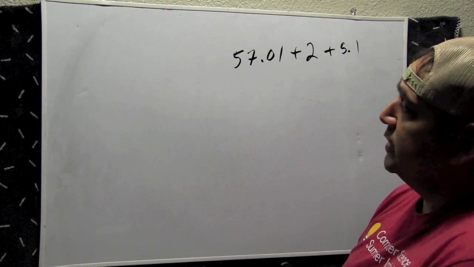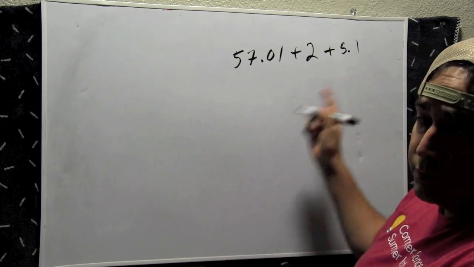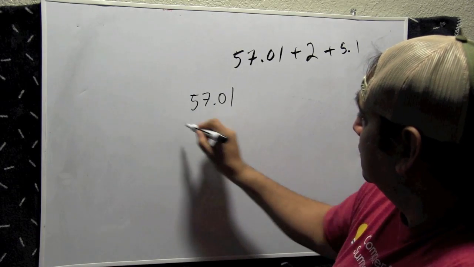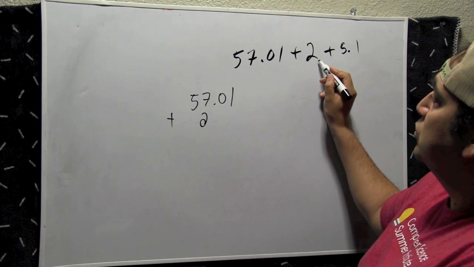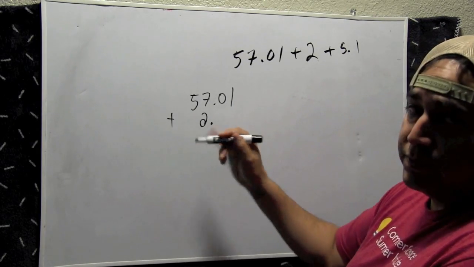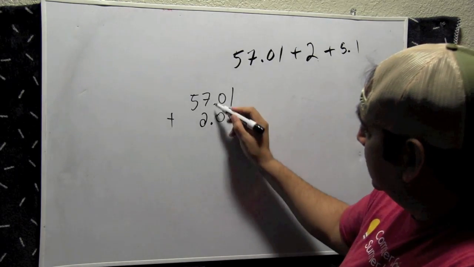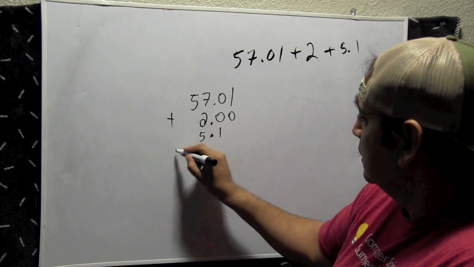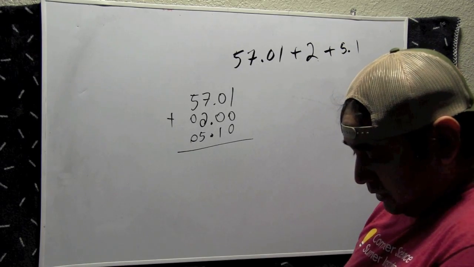First thing you want to do is put all your decimal places in line. So this is 57.01 plus 2. Actually behind this 2 there's a decimal point. So you put the decimal point here, and then if you have spaces, make sure to put zeros in them. So you put 0, 0. Then 5.1. You line up the decimal point. You put 5.1, then 0, 0, 0. All right.